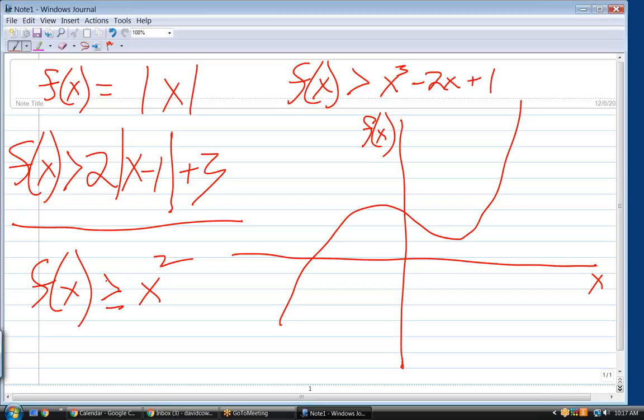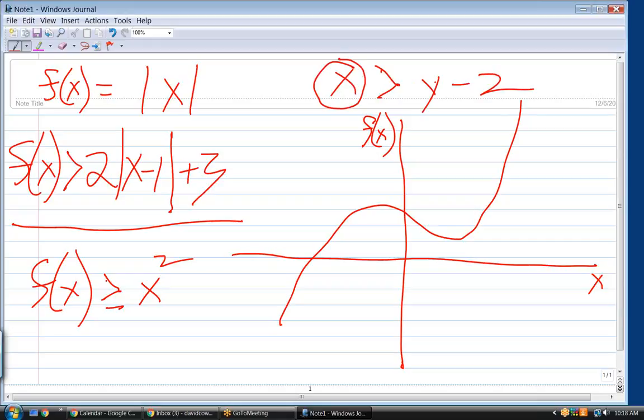The key on that is to only look to the y-axis. Unless, of course, the problem said x is greater than y minus 2 or something. And then, because the x is over here, then I'm looking to the x-axis.